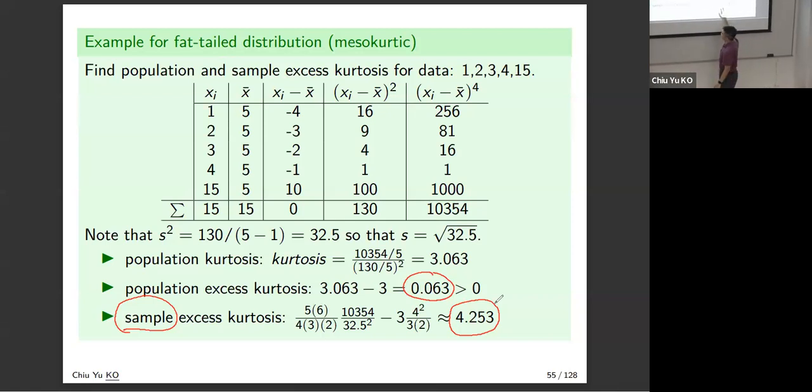So this is the Excel outcome. The minus 3 is not what Excel tells you. This is the best formula that you would use for excess kurtosis. You just adjust like this. This is what Excel tells you, so adjusting in this way is better. Technically, it's an unbiased estimator, so you have to do it this way.